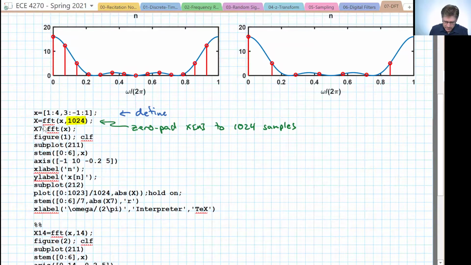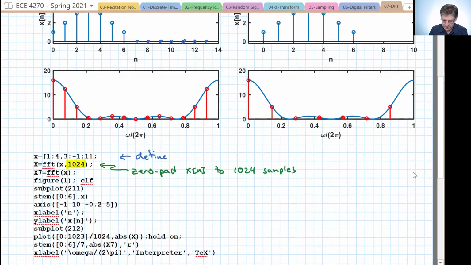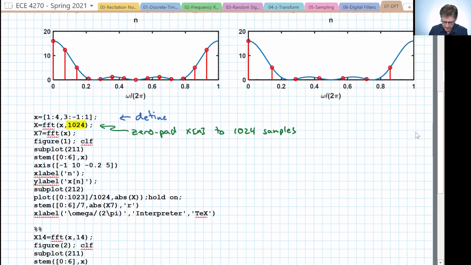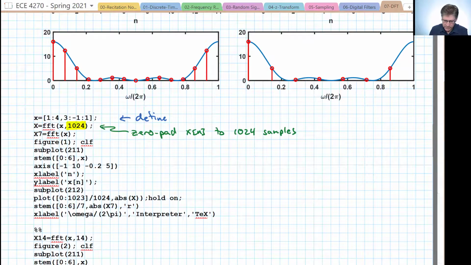Found the DFT of x, and I did x of 7 just to denote that this is the 7-point DFT of x, and plotted those. One thing that you may find interesting, if you know any LaTeX, you can tell MATLAB to use LaTeX as an interpreter, and that lets you have mathematical expressions in your X labels or your titles or Y labels and so on.